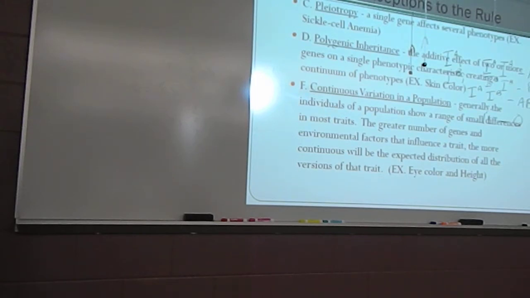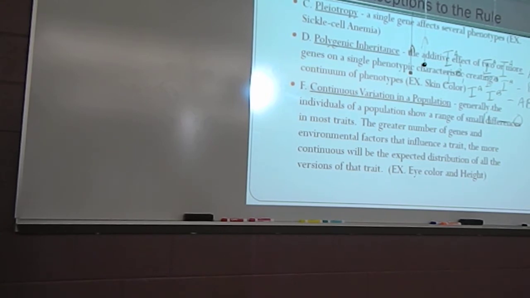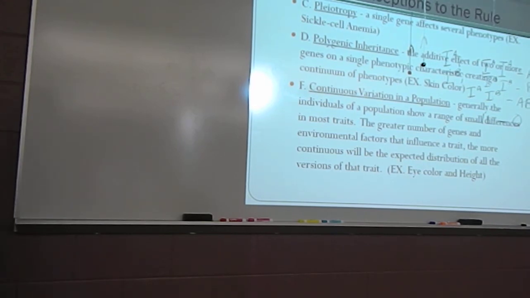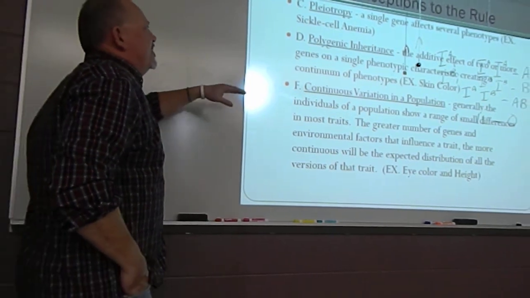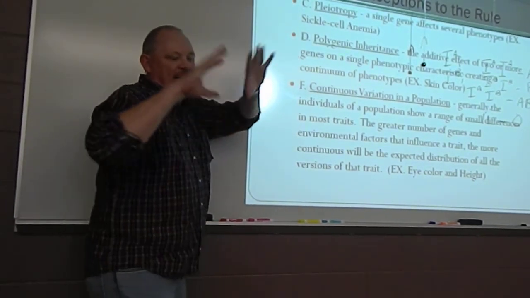The red blood cells don't form correctly. There's some thinning of blood vessels. There are several phenotypes that occur because of one gene, and they're all associated with the total sickle cell disease package, okay?